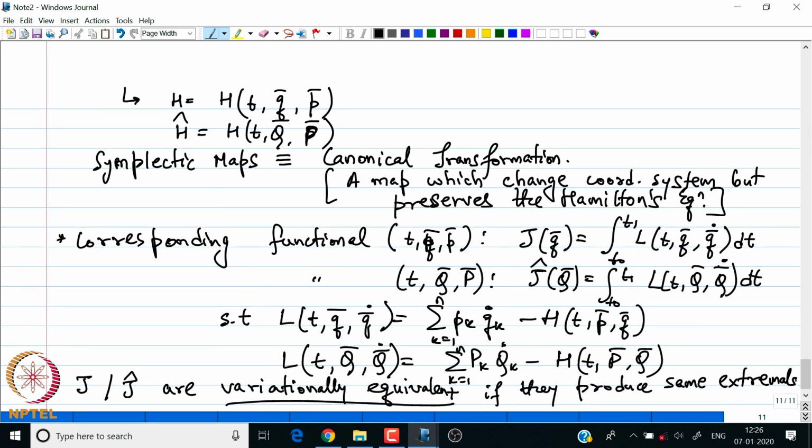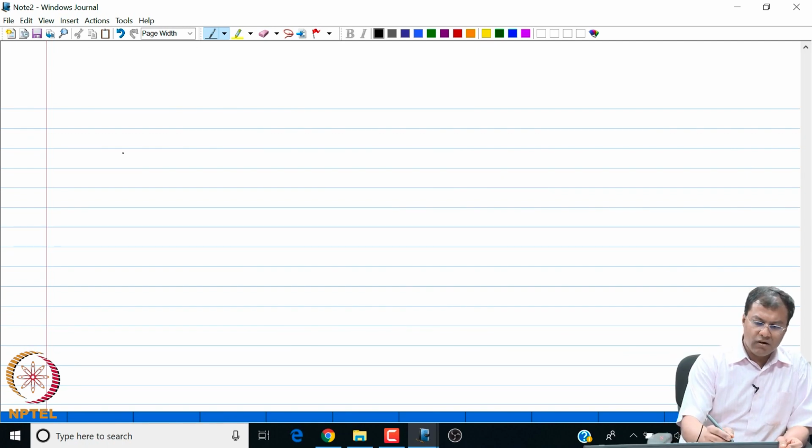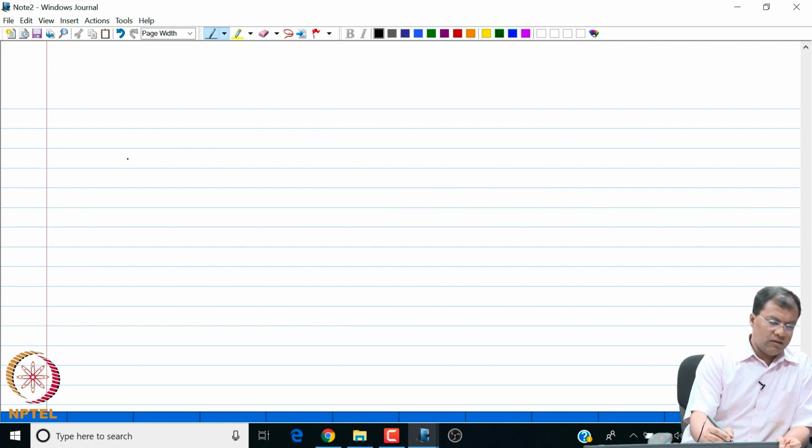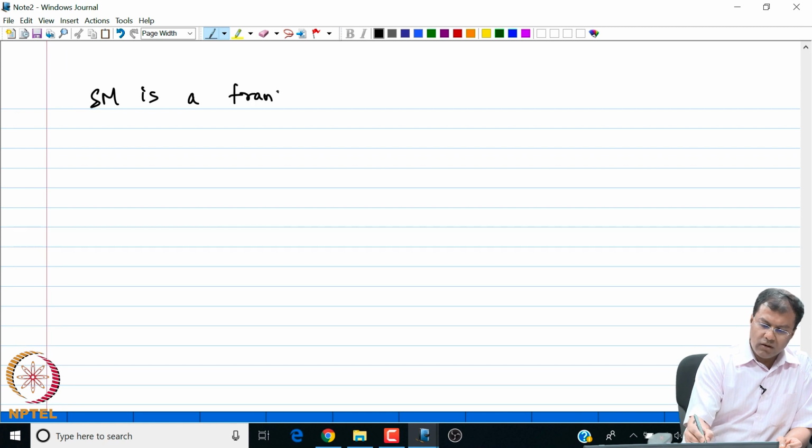So the symplectic map is the map which changes the functional J to the functional J hat, via changing the coordinate system, right. Symplectic maps are quite important in our investigation of finding the Hamiltonian system. Why? Because a symplectic map is a transformation from one set of extremals to another.